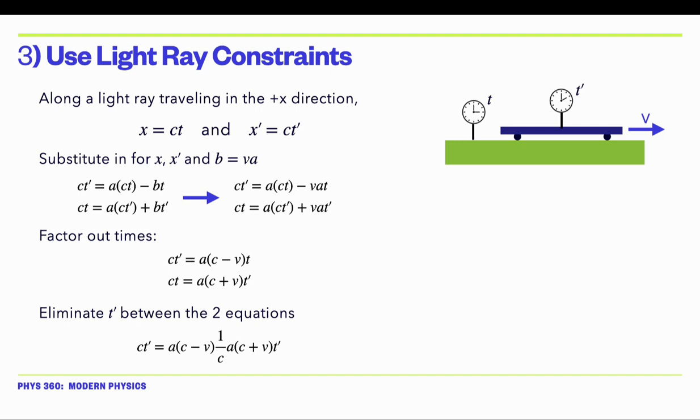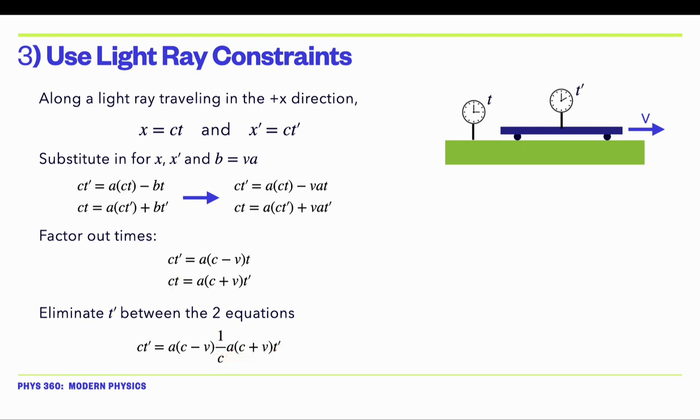Okay, so now we're going to solve for t in this bottom equation. So if you divide this bottom equation through by c, and then take what you have for t and plug it in here, then this top equation becomes ct prime equals a times c minus v here, and then this t part is going to be this equation here after you divide through by c. So 1 over c, a, c plus v times t prime.